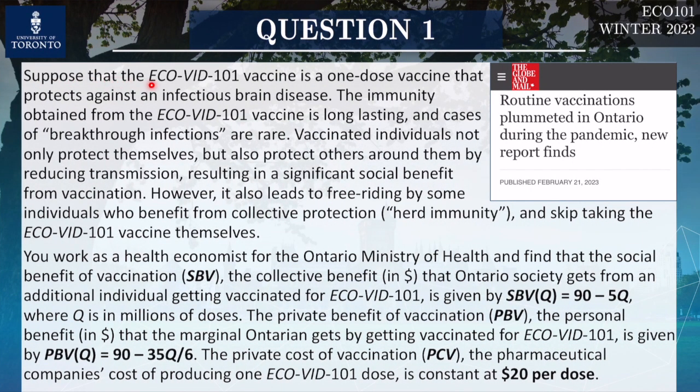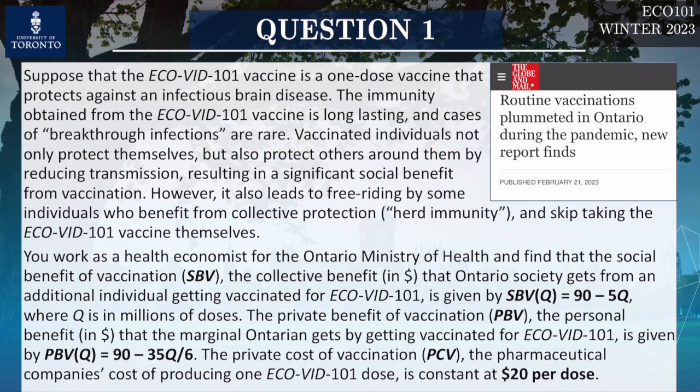Suppose that the ECO101 vaccine is a one-dose vaccine that protects against an infectious brain disease. The immunity that you get from this vaccine is long-lasting, and cases where you are infected after receiving the vaccine are very rare.